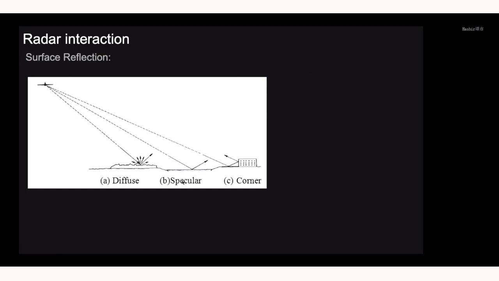That's why a smooth surface tends to appear very dark in the radar or SAR image, because all the backscatter energy is directed away from the sensor. On the other hand, a rough surface will scatter radiation in all directions. Objects like buildings have right angles. The right angle, or corner reflector, causes microwave energy to bounce off both the surface and the sides of the feature and directs the majority of the signal back to the sensor. That is why we can see buildings are bright in the radar image.